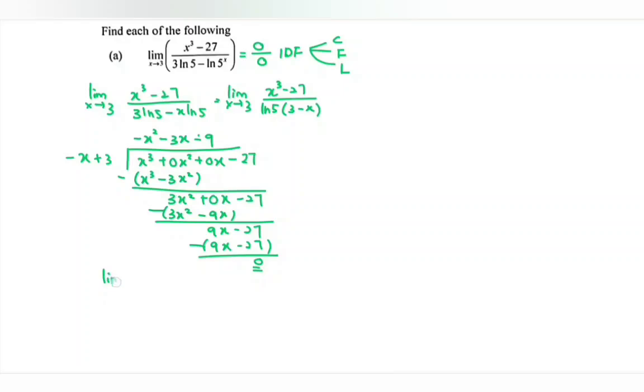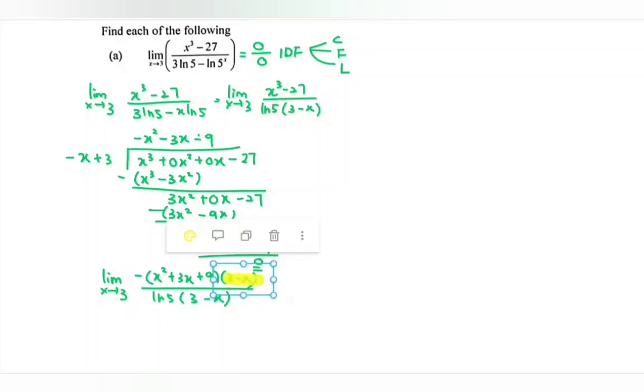We write the limit as x approaches 3 of negative (x squared plus 3x plus 9) multiplied by (3 minus x) over ln 5 times (3 minus x). So notice that we have common terms in here, so we can simplify.